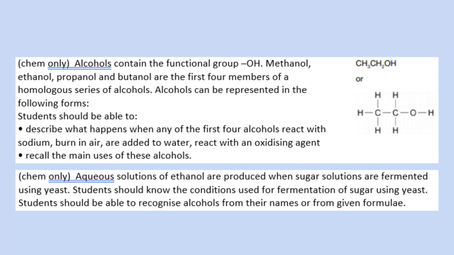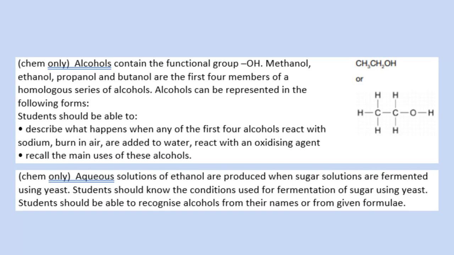You also need to describe their reactions with sodium, combustion, adding to water, oxidizing agents, and the main uses of alcohols. You also need to know how ethanol is produced. So we need to know how we can ferment using yeast, and also adding steam to alkenes as well.